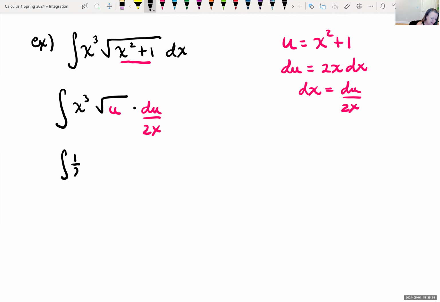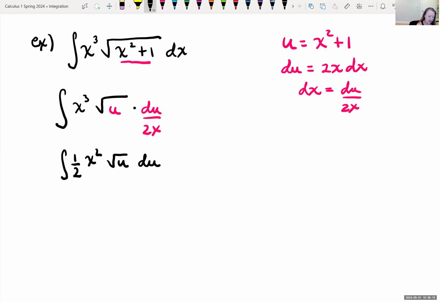So this is the same thing as the integral of 1/2, x goes into x cubed, leaving x squared, times the square root of u du. So we have a problem because we want this all to be in terms of one variable u.